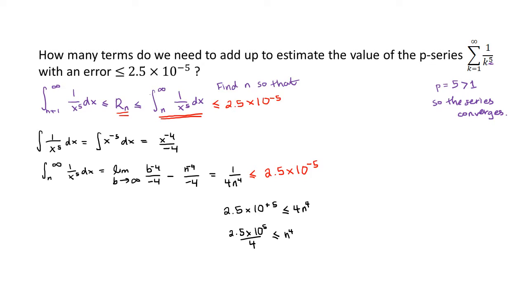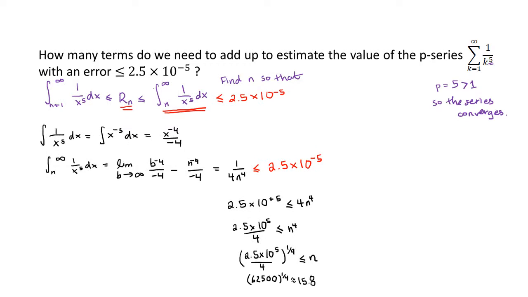Okay. Now we can take the fourth root of both sides. So n should be greater than 2.5 times 10 to the 5th over 4, to the 1/4 power. All right, so I used my calculator to work out what this fourth root is equal to.